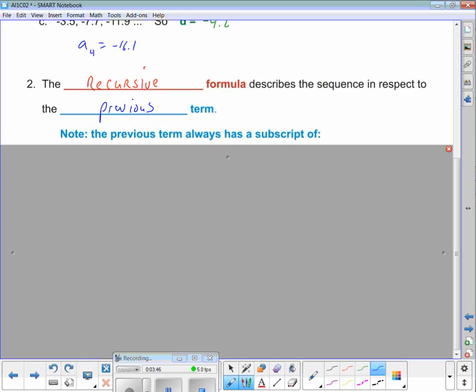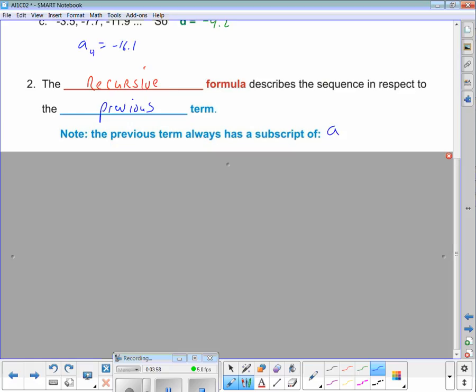Now, how do you give a general description of the previous term? So I'll use A as an example. The way to say the previous term is to give a subscript of. Anybody want to go for it? How would I say a general thing that would take care of every previous term? Anybody? Kirsten? Nope.